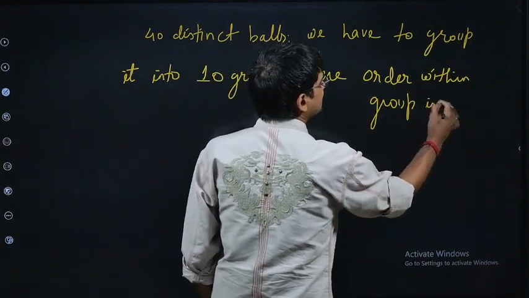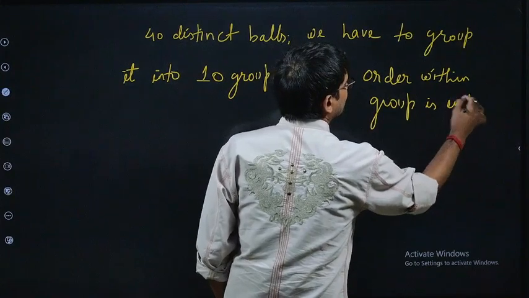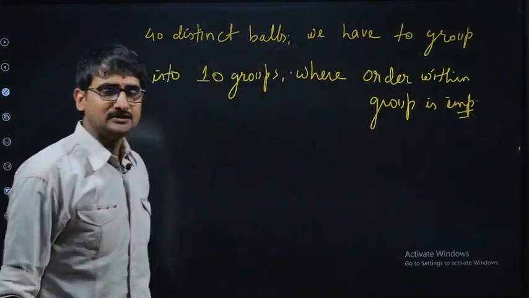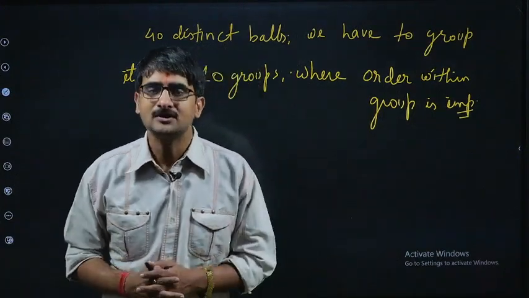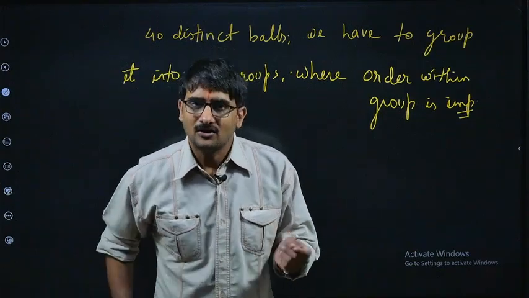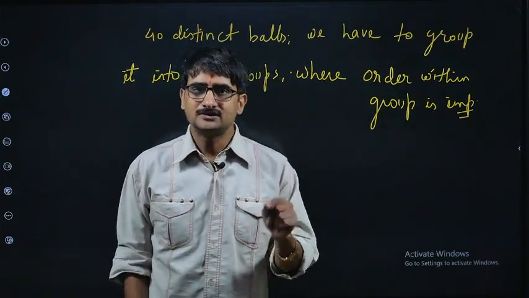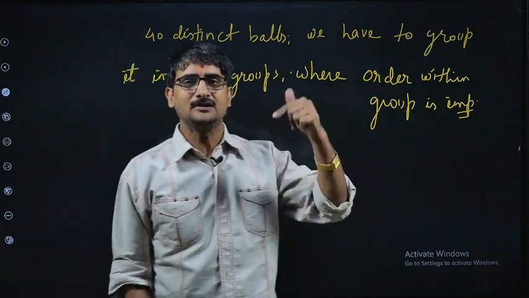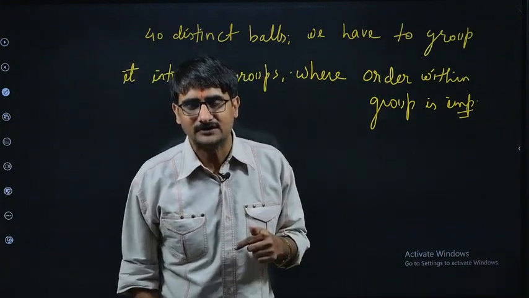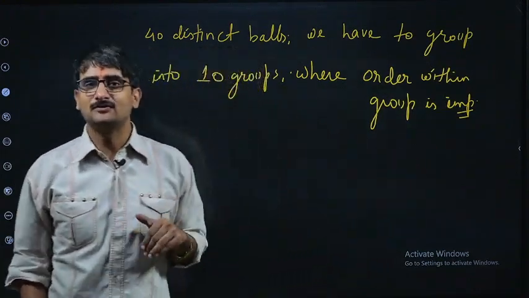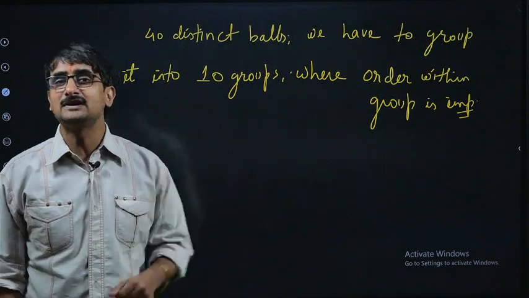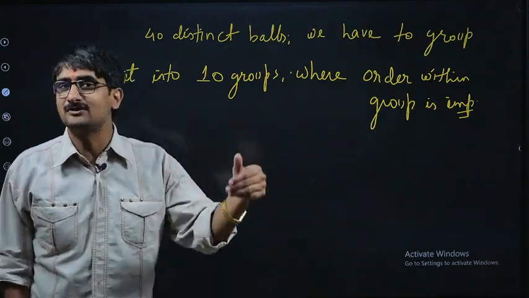It's like saying that I have to select a team of 11 out of, let's say, 15 members, and where the order itself is important. That means if I select Rohit Sharma first and then Virat Kohli, or if I select Virat Kohli first followed by Rohit Sharma, those two will be taken as two different ways of grouping.